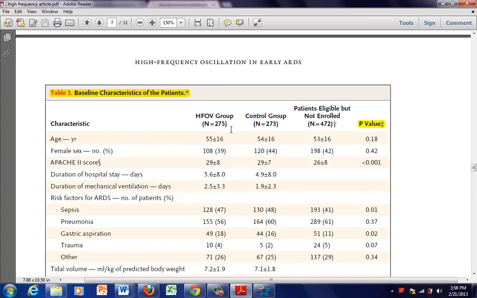Then you want to look at those yourself, or if they reported p-values the normal way, pretend this column's not here. I would just look at, hey, they already did a statistical significance assessment to see if the two groups were similar or different. And if there's a statistical difference, the p-value would be less than 0.05. Now, what I want to have in these two groups is no statistical significance.